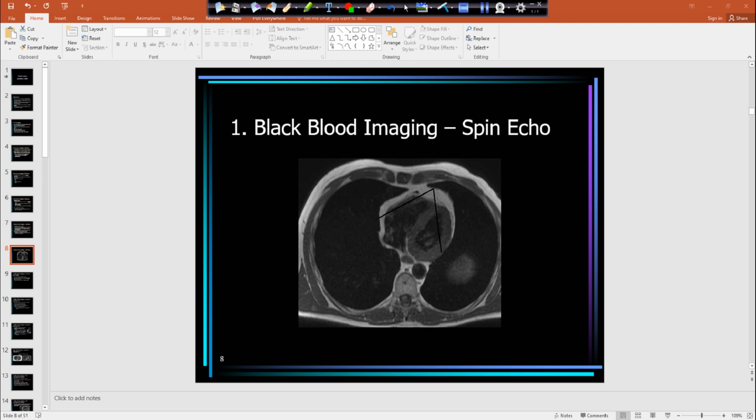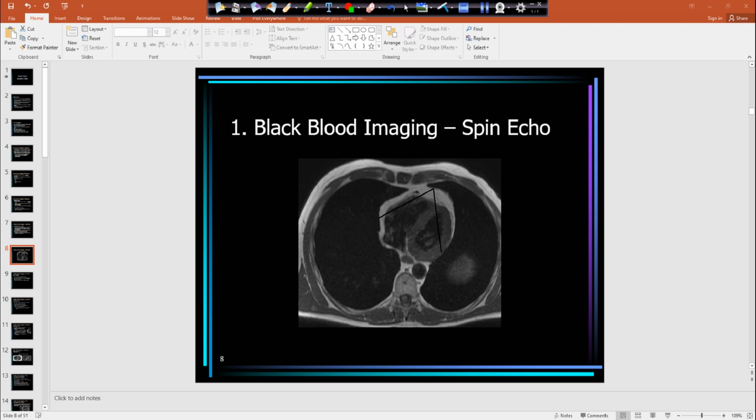And then anywhere you have a break in the rib, what is that? It's the muscle between the ribs, the intercostal muscle.